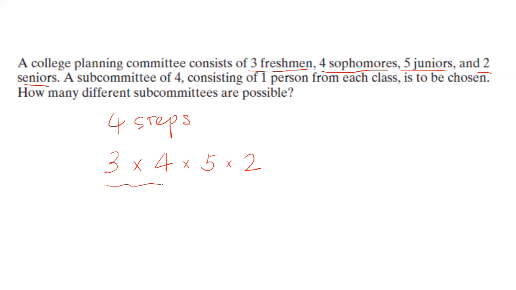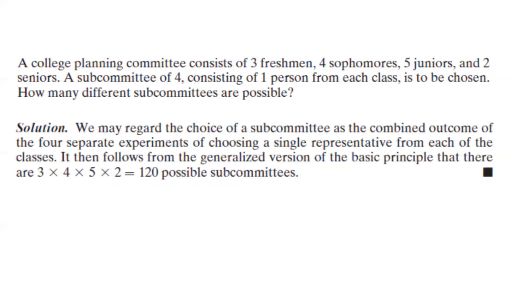So this is the total number of different ways we can finish the whole task, which is 120. Okay, any questions? No? Okay, you can also check the solution to this problem on the next page.